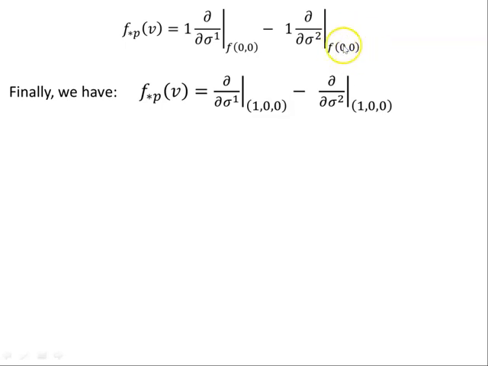Evaluating that, f of 0, 0 we know gives us 1, 0, 0. So on the manifold N, f star p of v is 1 unit in the positive sigma 1 direction at this point on N, minus 1 unit in the sigma 2 direction at this point on the manifold N. So here's our push forward vector. And this vector is clearly a very different vector to the one we started with on M.